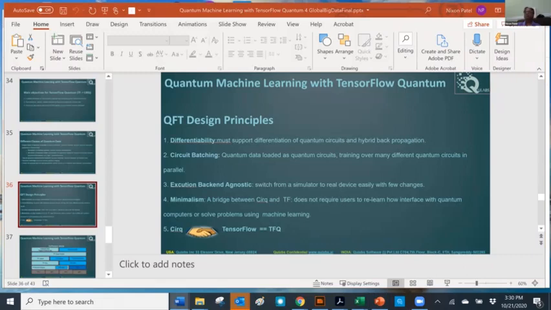Also, you need to ensure that data can be generated, and circuit batching should allow parallel processing. And then execution backend agnostic, meaning you can switch between quantum simulators because of the lack of availability of high-end hardware, currently quantum hardware.